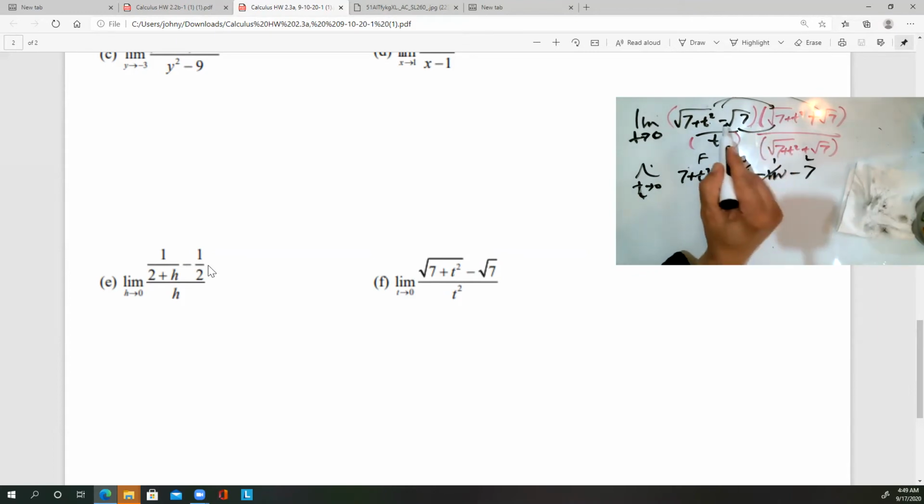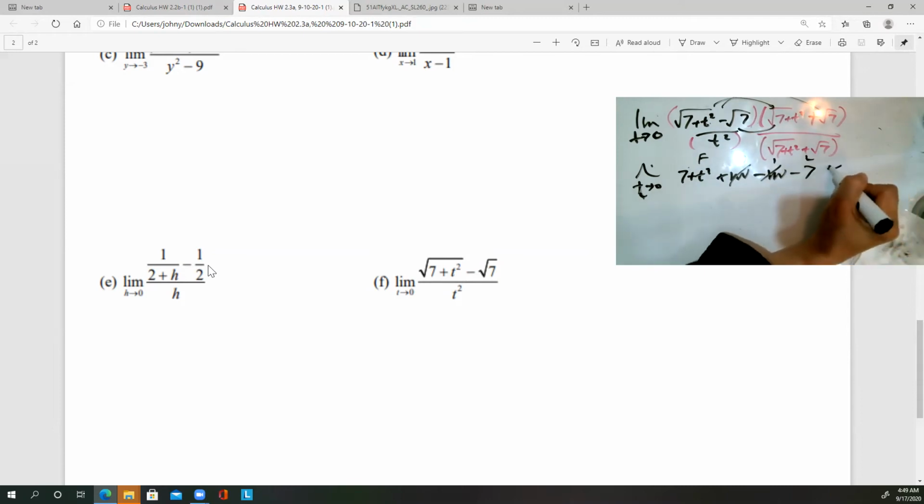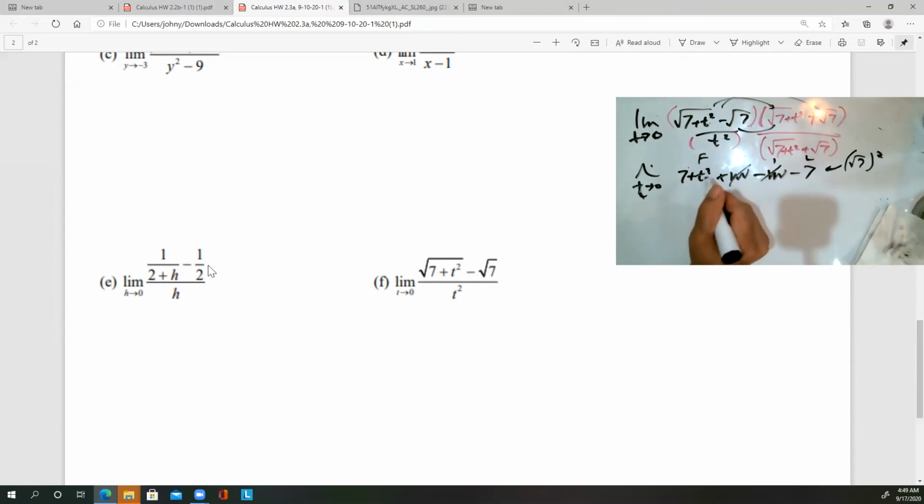That's what's so special about conjugates, right? It always factors to a difference of squares. By the way, 7 is a square value because it's like the square root of 7 squared. Anyway, so you have 7 plus t squared minus 7, all over t squared. Can you figure out what the observation is?